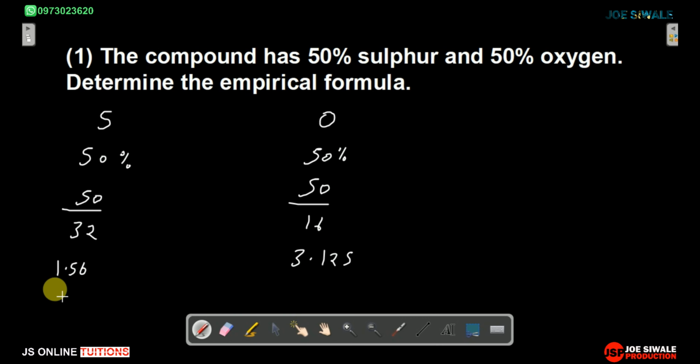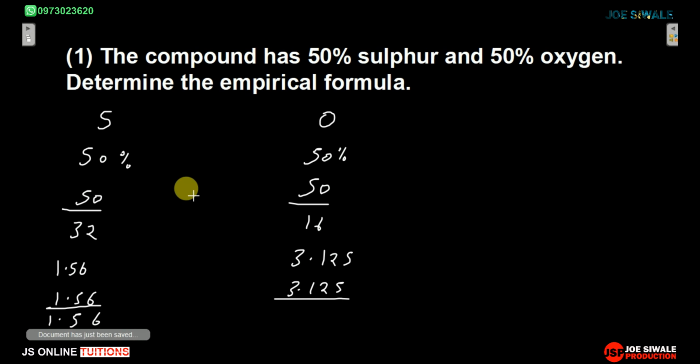So we'll say 1.56 divided by 1.56. Then 3.125 divided by 1.56.